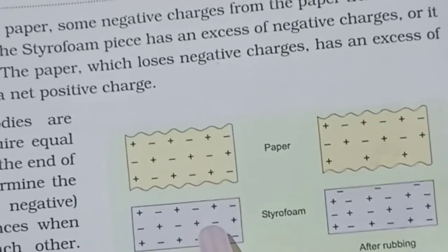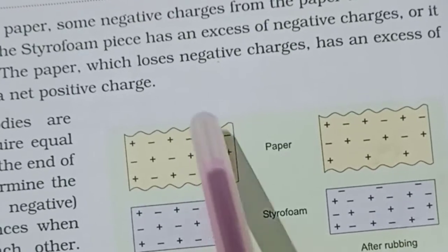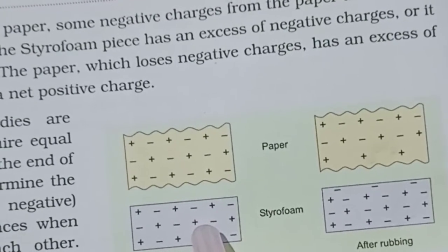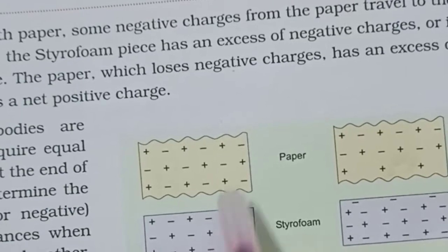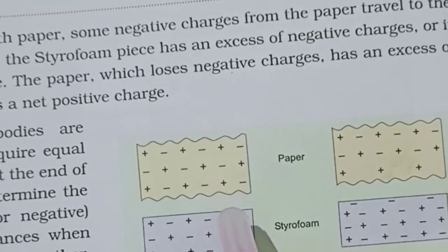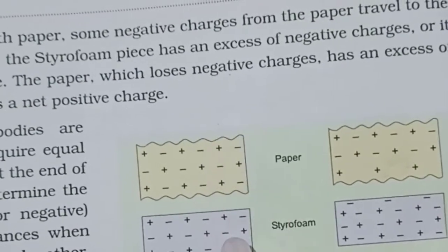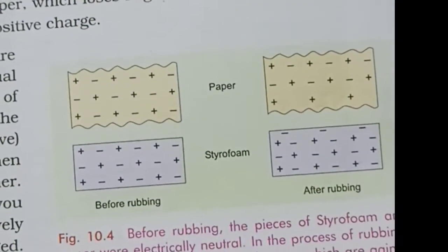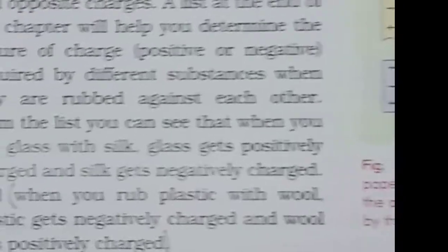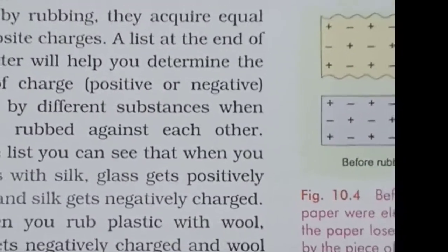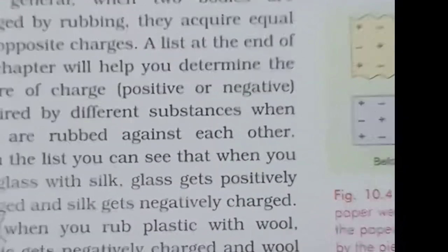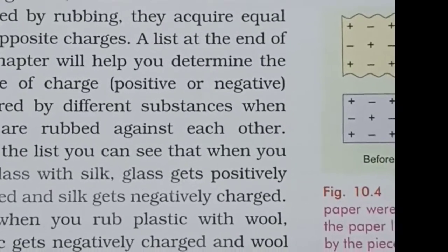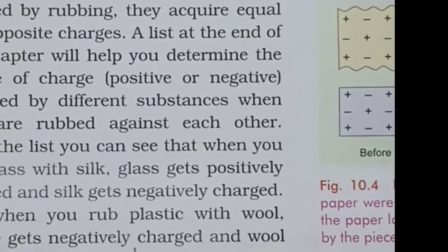When it is rubbed, charges may travel from one body into another body. So when charges are getting transferred from one body to another, whatever may be the case, when we are taking two bodies, one of them will acquire positive charge and the other will acquire negative charge. As many electrons as leave one body, the same number will enter the other body.